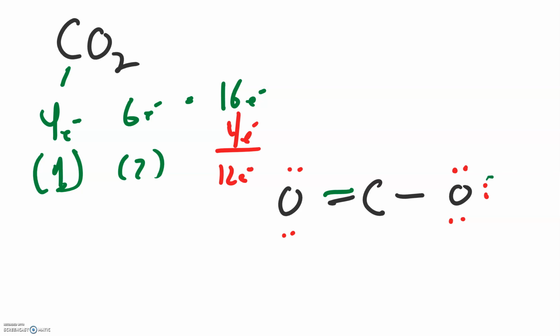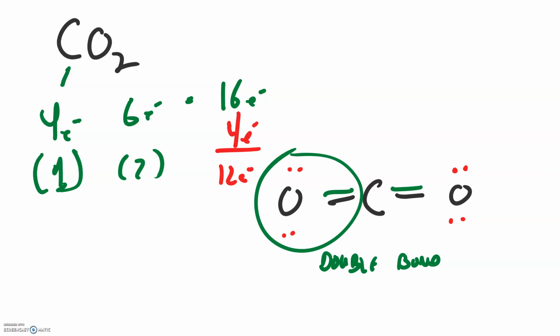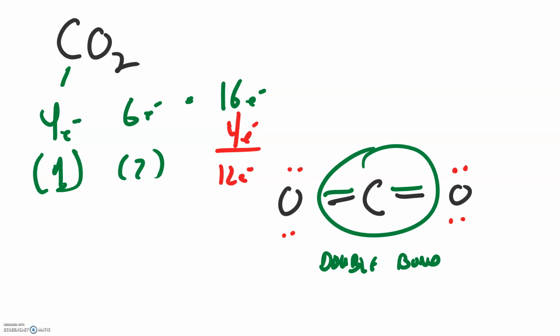We'll do the same with this pair of electrons and we'll put them here. This is called a double bond. And if you're counting, you can see that this oxygen has access to 8, this oxygen has access to 8, and this carbon has access to 8. And that's all we do.